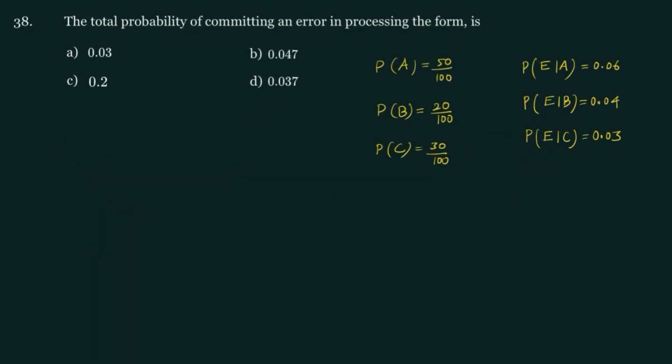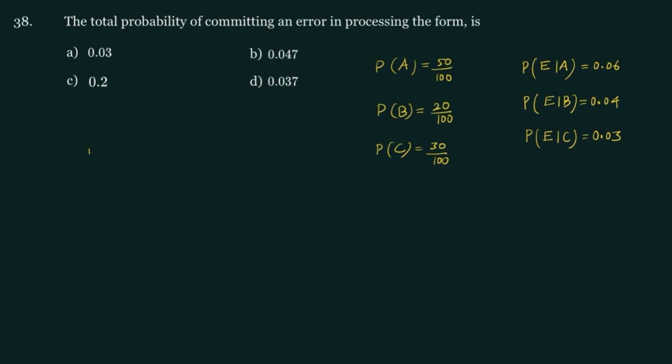Okay, this is question number 38, and it is a sub question of the same passage. So I have written all the data here also. Now we have to find the total probability of committing an error in processing the form. So this is the question for total probability.